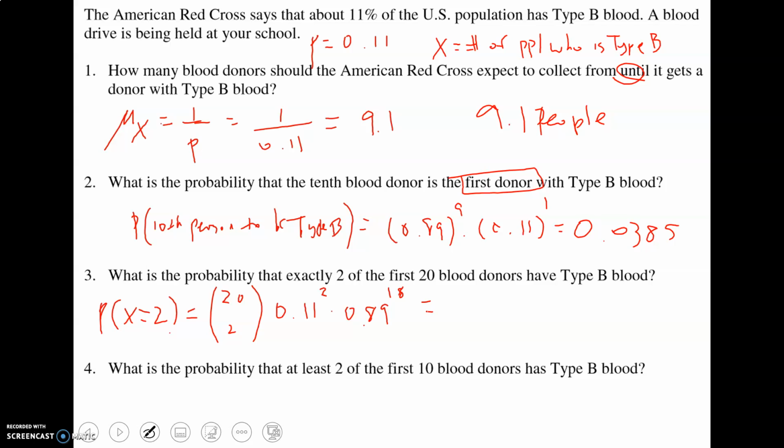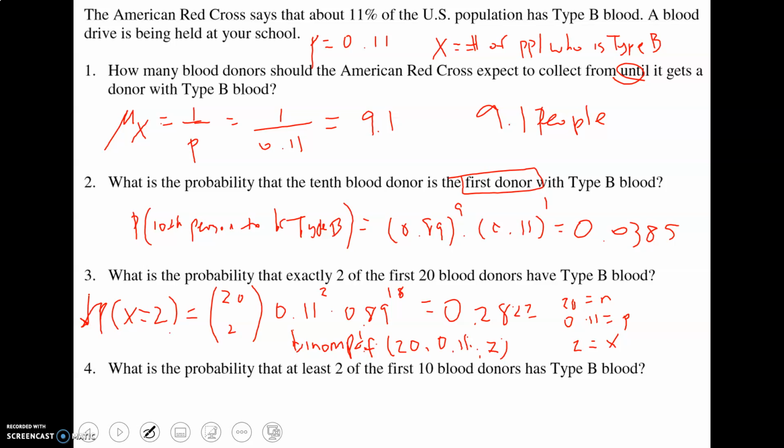If you do binom PDF, you actually get 0.2822. Remember the textbook said it's not enough to just write binom PDF and then write 20, 0.11, 2. You actually, sorry about that, need to explain what 20 is and what 0.11 is and what 2 is, okay? So I prefer you write it this way rather than just binom PDF.